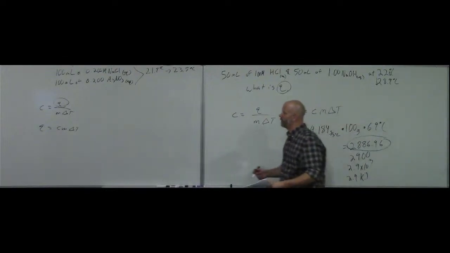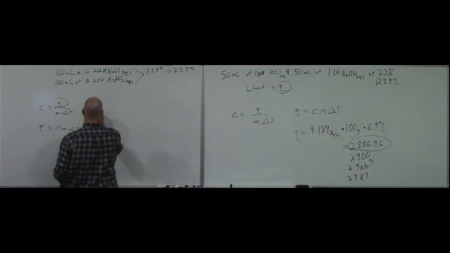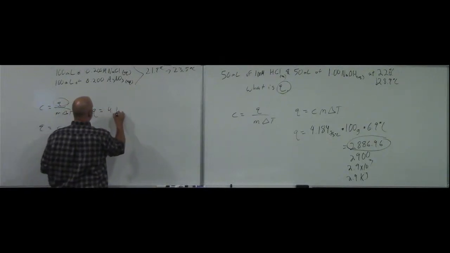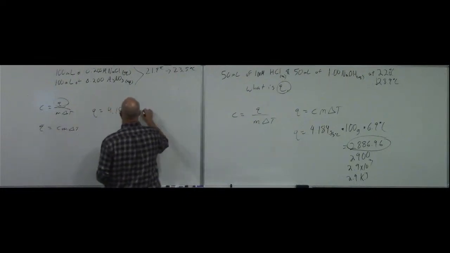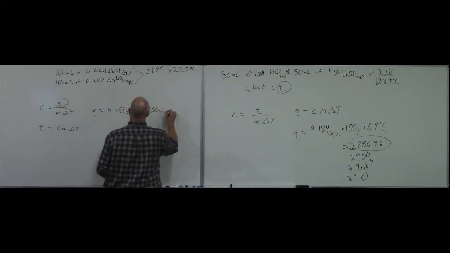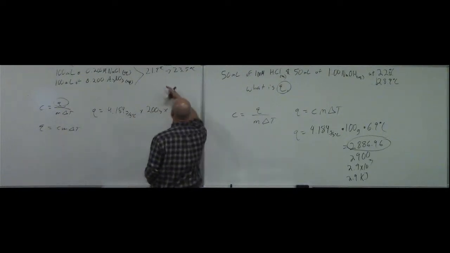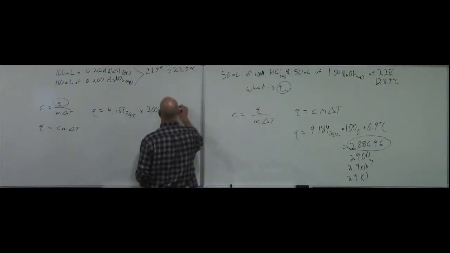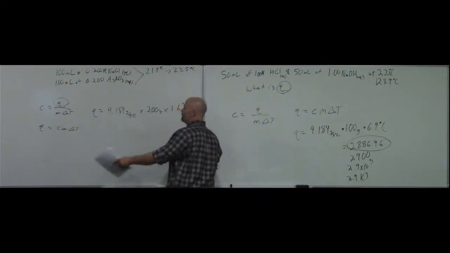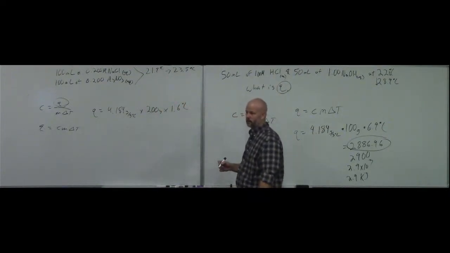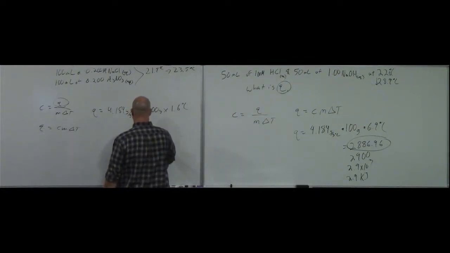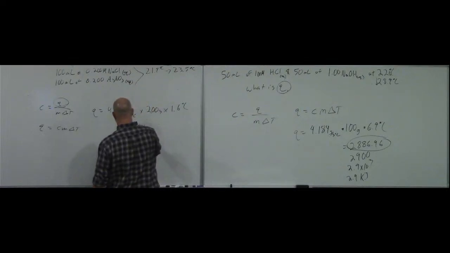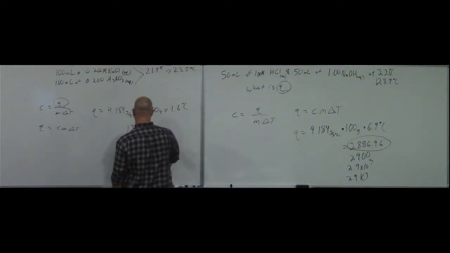Okay, so I put this whole thing together, and I get Q equals 4.184 joules per gram degree Kelvin times 200 grams times, what did you say this was? 1.6 degrees centigrade, and what's my answer? 1,338.88.